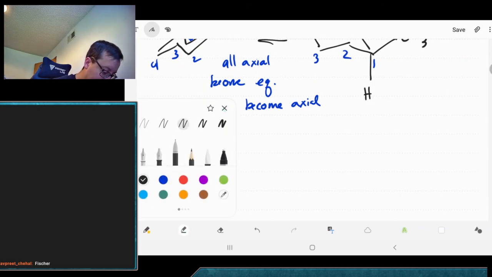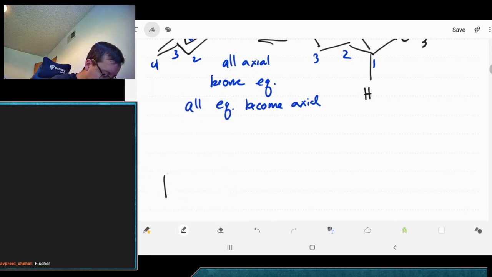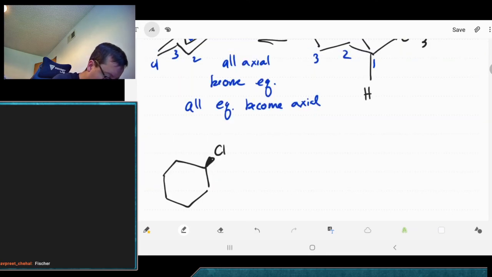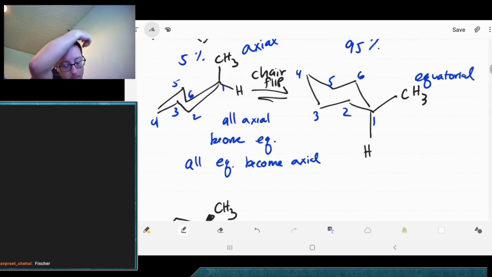One thing I do want to point out, these two chairs that I've drawn here represent this molecule.